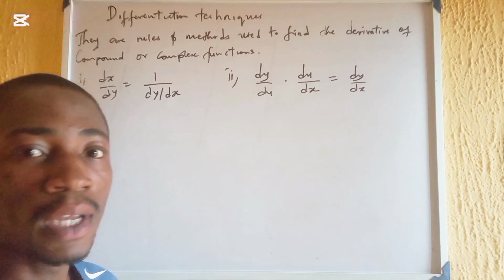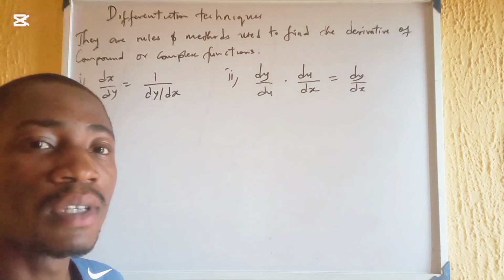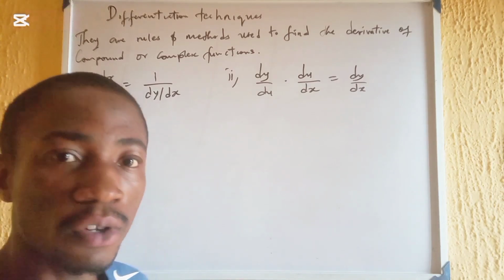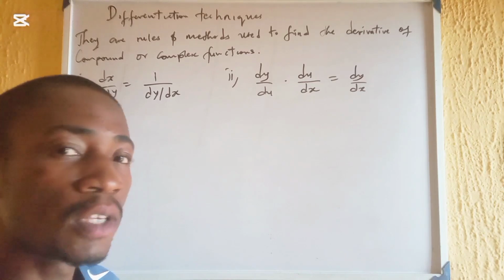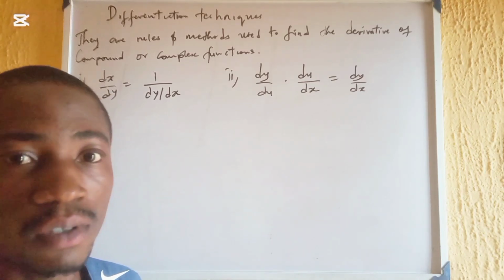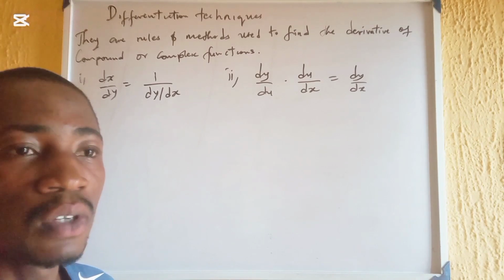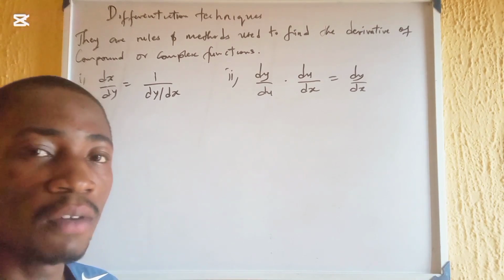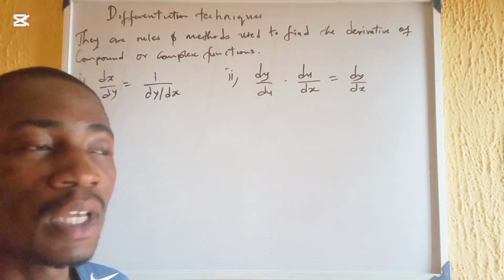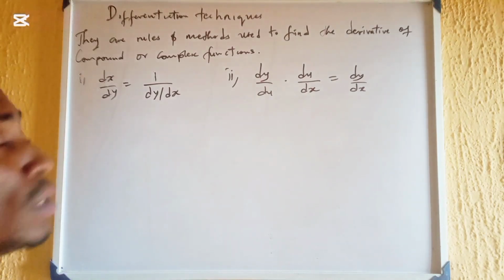So we've been looking at simple functions, but the truth is that we'll not just be dealing with simple functions. We'll meet complex functions, we'll meet compound functions. For example, a polynomial function is a compound function. So the question is, how do we handle a polynomial function when we meet it? So that's the essence of knowing these techniques.